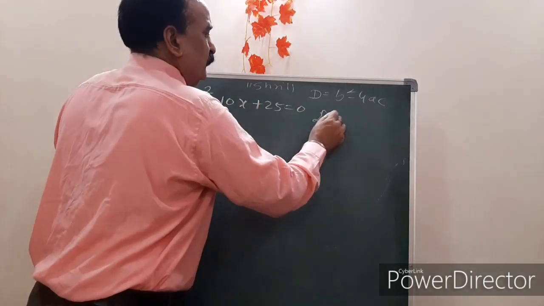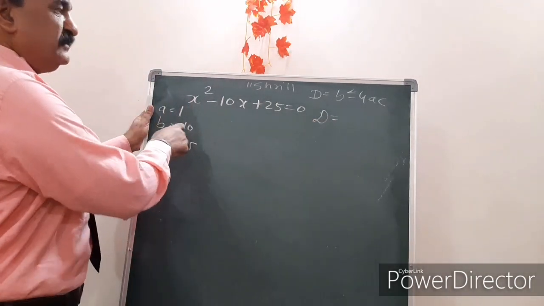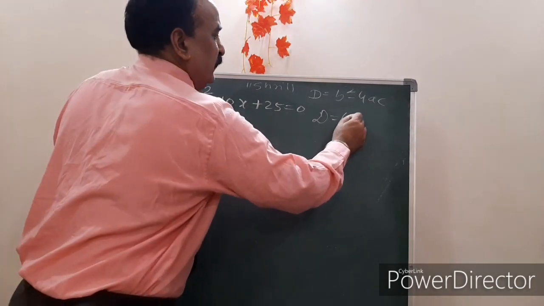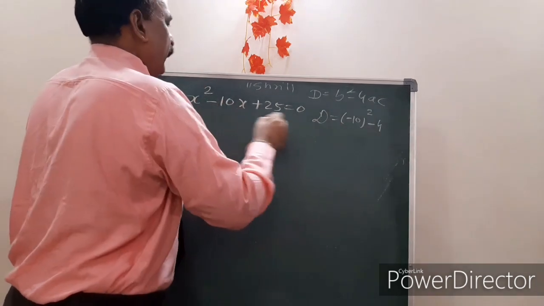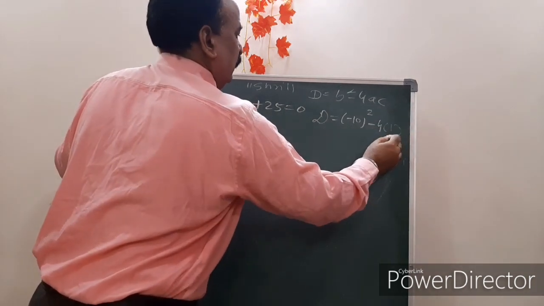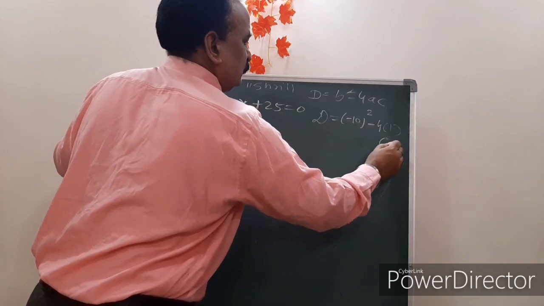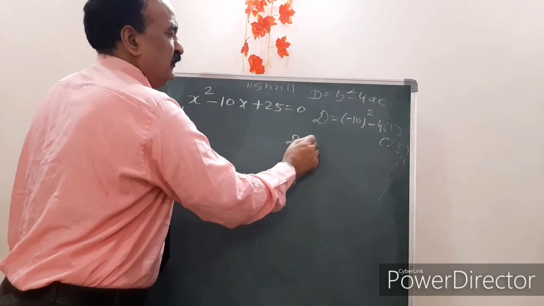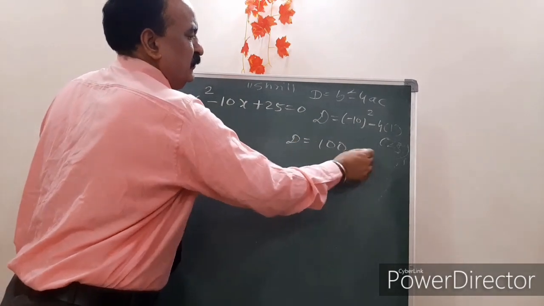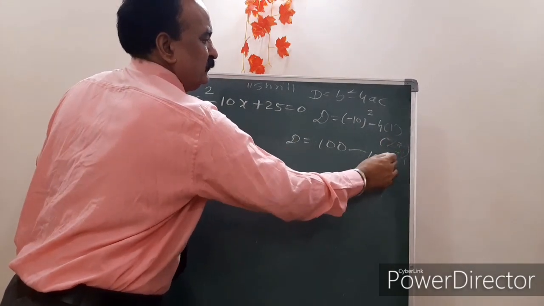So D is equal to b square. b is minus 10, so minus 10 square minus 4 into a is 1 into c is 25. It means D is equal to 100 minus 100.